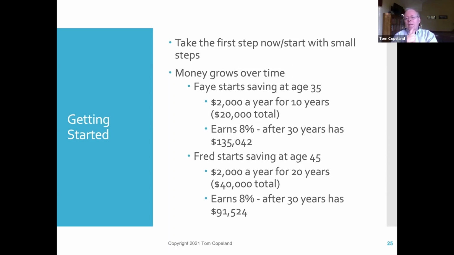He saved twice as much money, but he has a third less money because he waited. That's the problem, waiting. We don't worry about what the stock market is doing or who's president or anything. You just save money now over a period of time. And that's what will reach your goals.